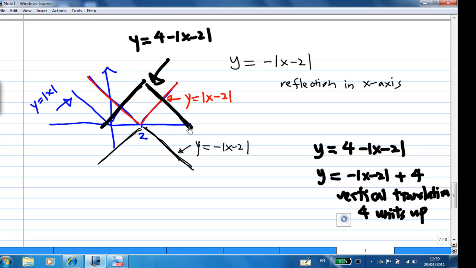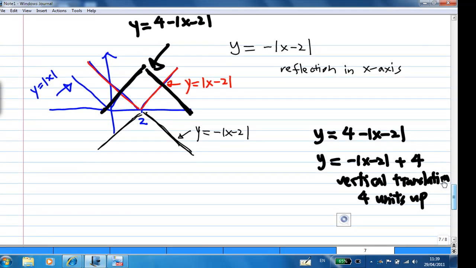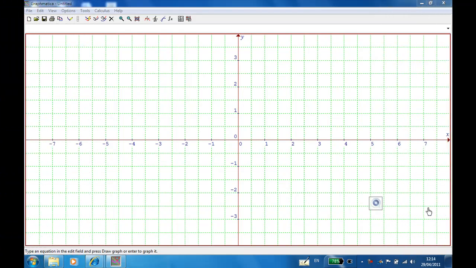Now you can check the graph by using Grammatical. So let me go to Grammatical to help you see the graph. Here is the graph using Grammatical.